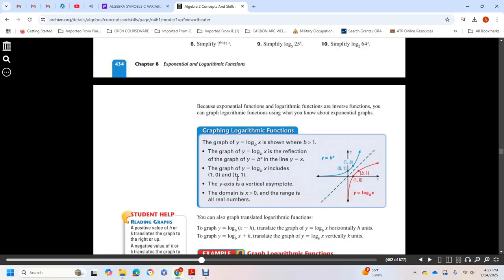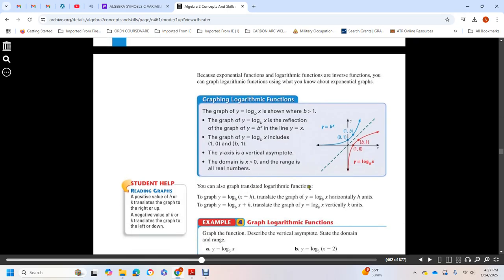The graph includes the ordered pairs (1, 0) and (b, 1). The y-axis is a vertical asymptote. The domain is x greater than 0, and the range is all real numbers.